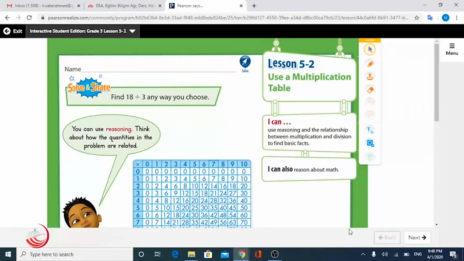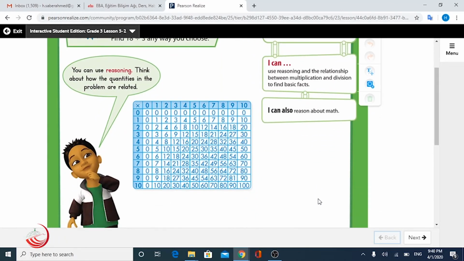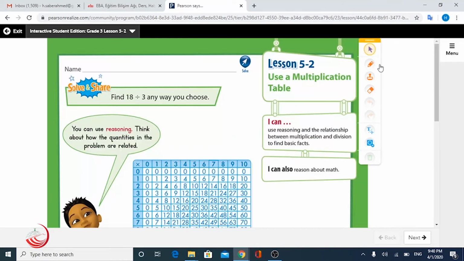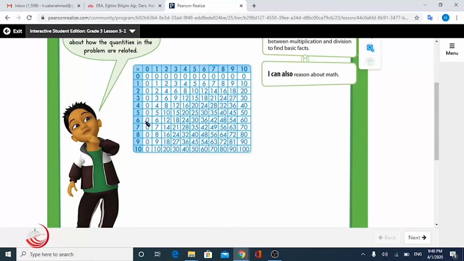Okay, together. What's the first step? The first step, teacher, is to find the factor. Okay, I know the factor, which is 6. The first factor is 6.